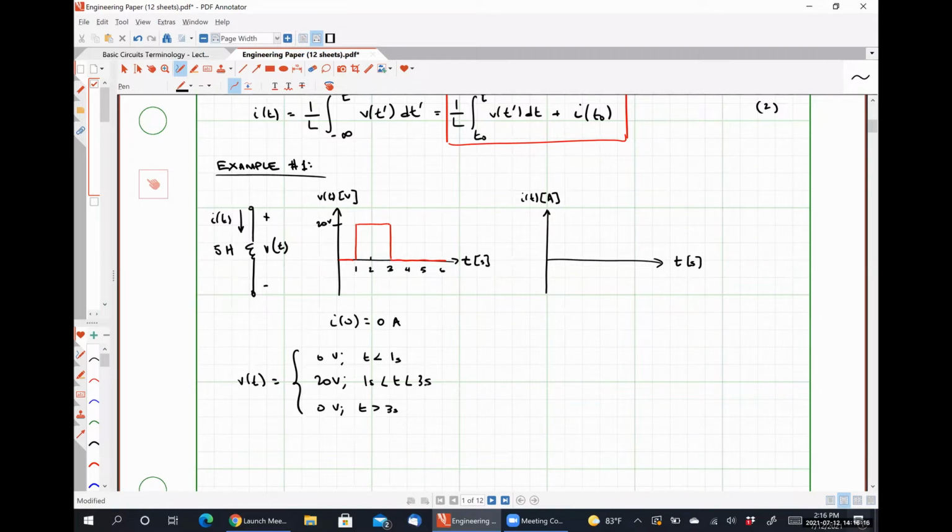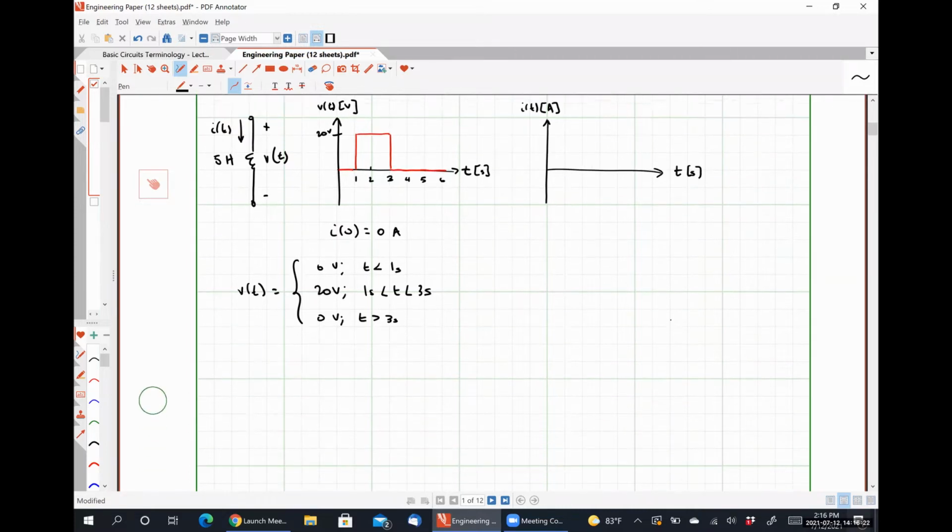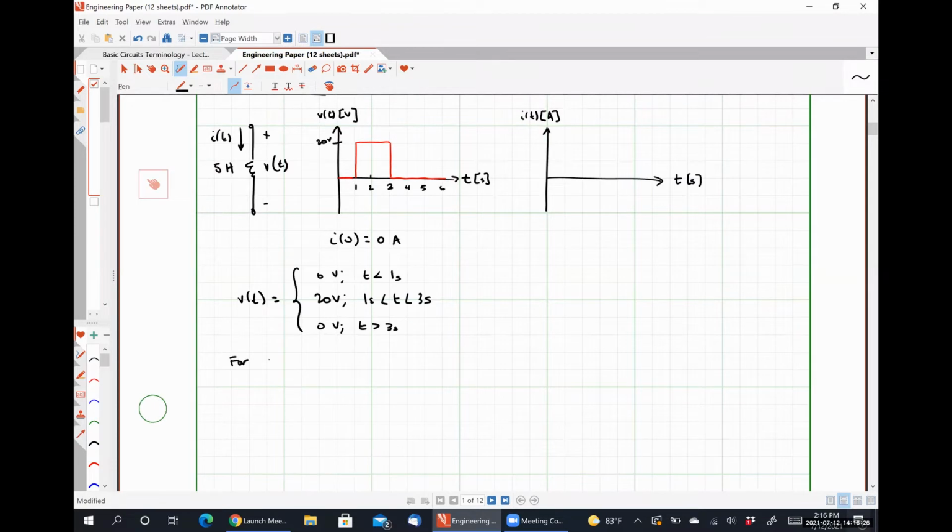So if we use our integral-based relationship, we could say, let's see, so for t less than 1 second, we would have I of t is equal to 1 over 5 henries times the integral from 0 to t of 0 volts dt prime plus I at 0.